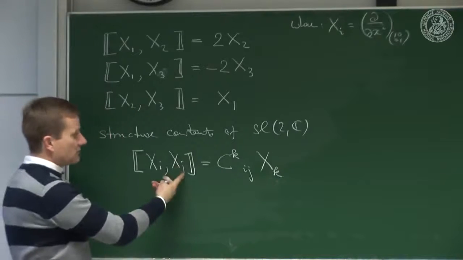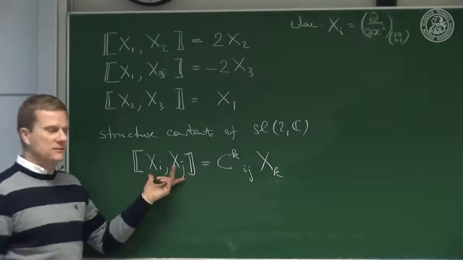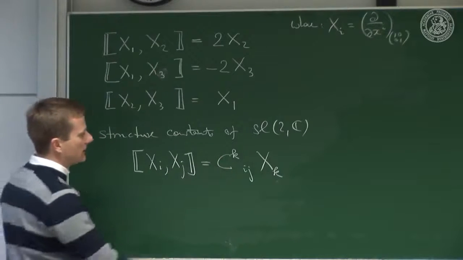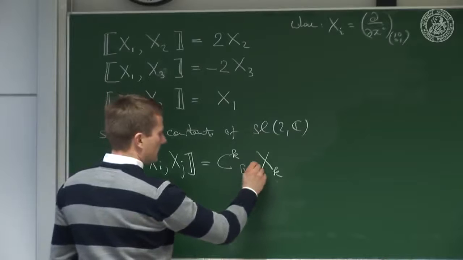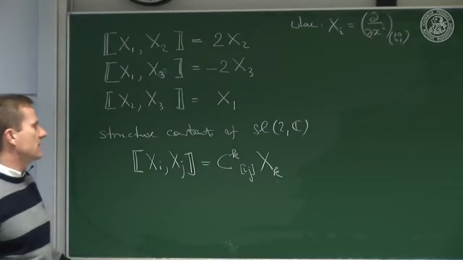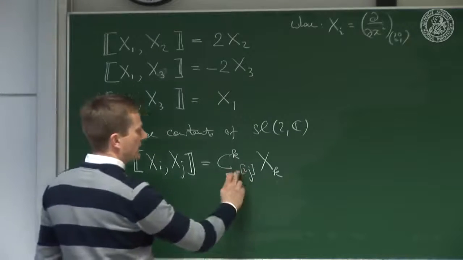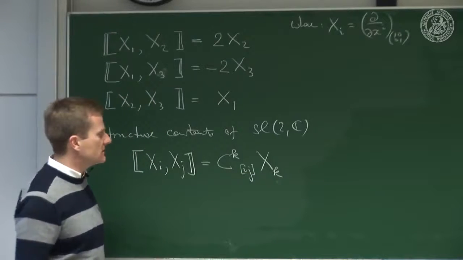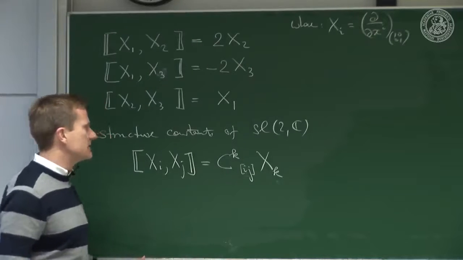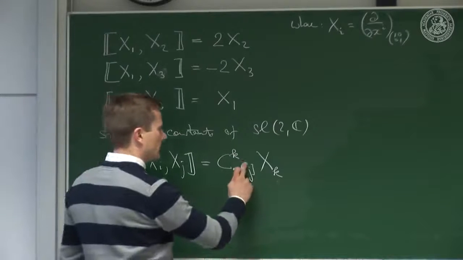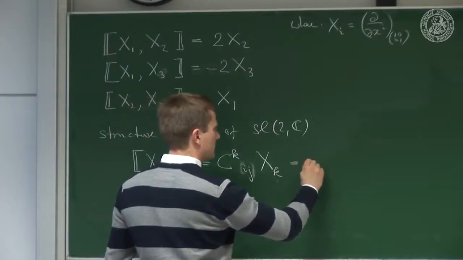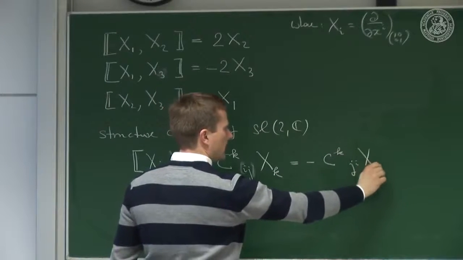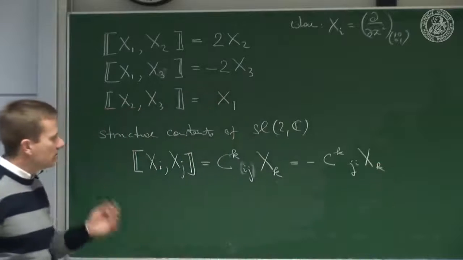And because this bracket, of course, inherits its antisymmetry and Jacobi identity from the differential geometric Lie bracket, in particular, this guy is antisymmetric down here. So I can write, without changing anything, this weighted antisymmetrization, but I don't have to. Maybe it's clearer here to say that this is, of course, minus ck ji xk by construction.